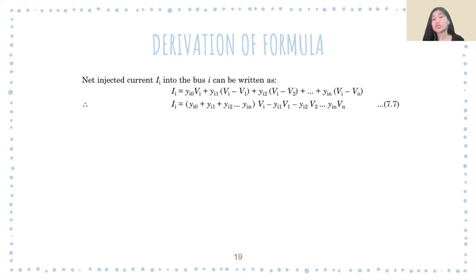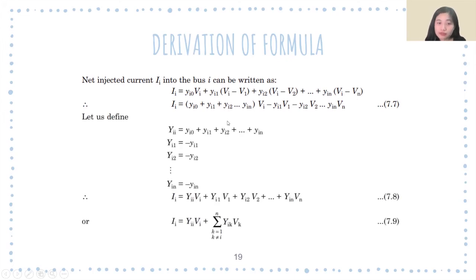Pero basically, we are just going to use I equals YV. Okay. So I equals YV, we are going to put it upon here. And due to the fact that we have unknown variables, number of voltages, and so on and so forth, we are going to use the variable Vn. So as you can see, this is the expanded part, and this is more of the simplified part of our net injected current I1.